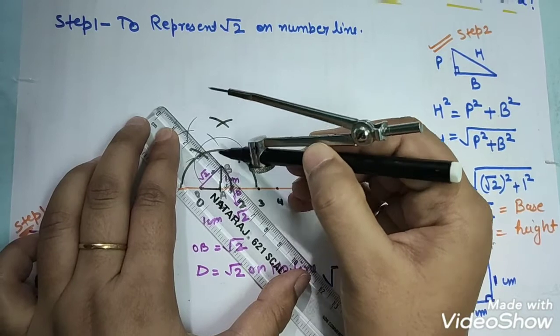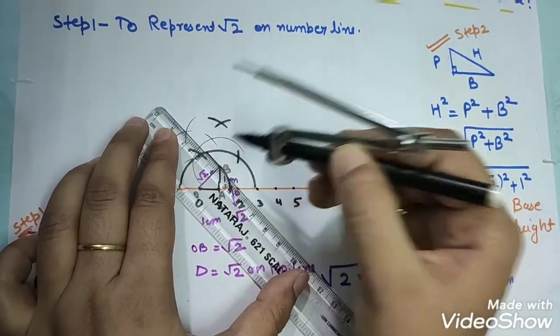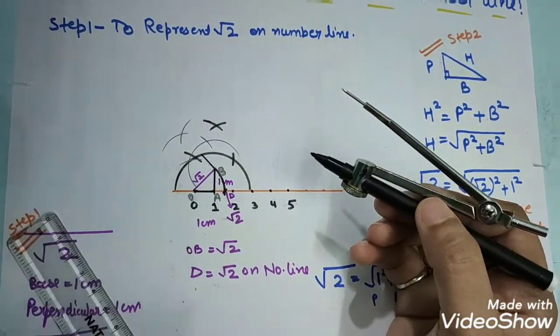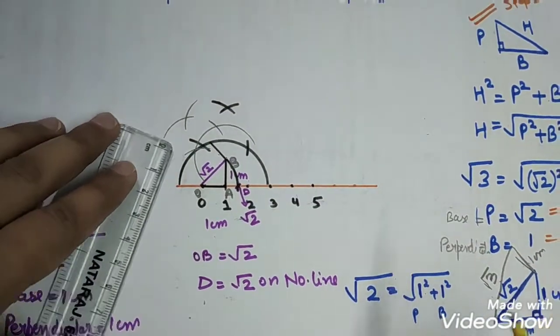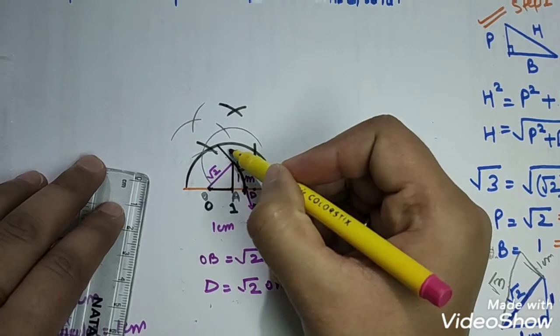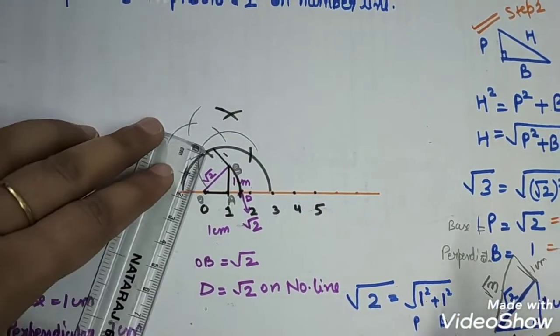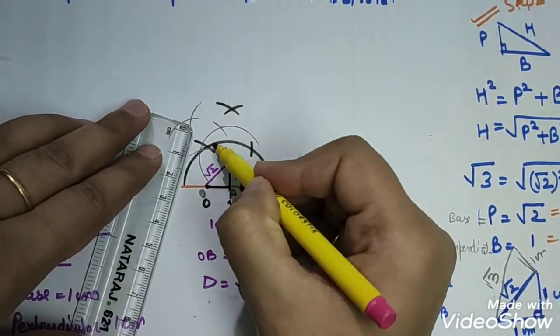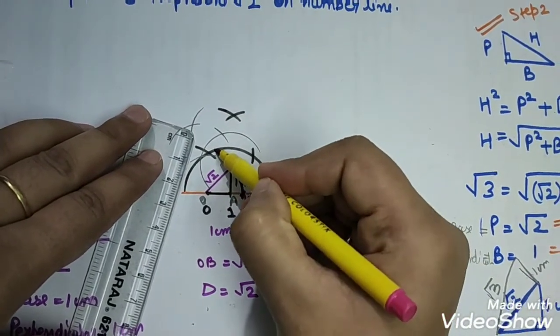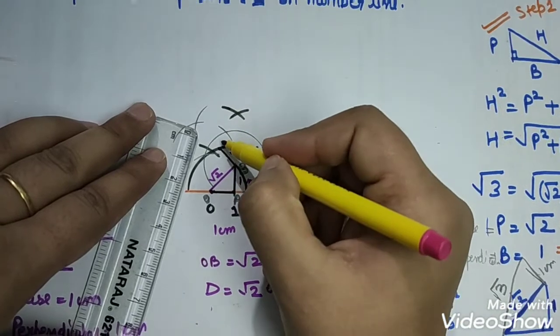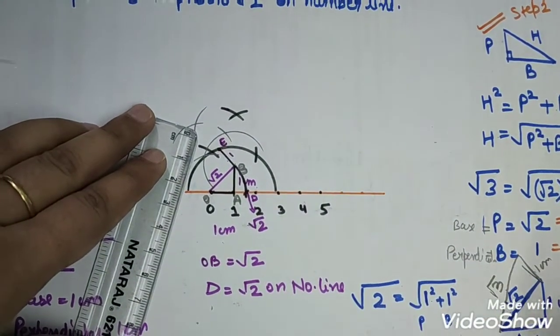So look, 3 to 4. This is our perpendicular distance. So look, this is of 1 centimeter, that is perpendicular, and now join this point of this length of 1 centimeter, name it E. Okay, name it E.